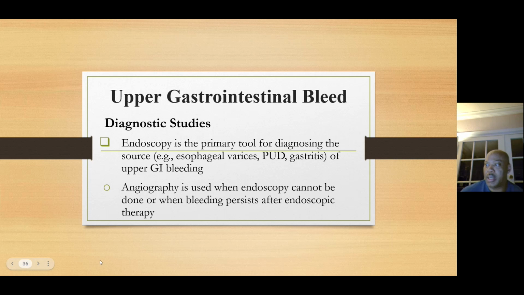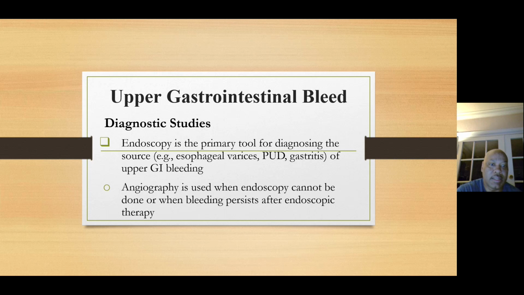And this test can help us to locate where the bleeding is coming from. Now, the angiography requires preparation and setup time, and it may not be appropriate for a high-risk, unstable patient. In this procedure, a catheter is inserted into the femoral artery, and it is advanced to the left gastric or superior mesenteric artery until the site of bleeding is found.